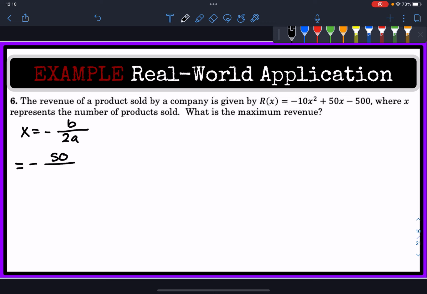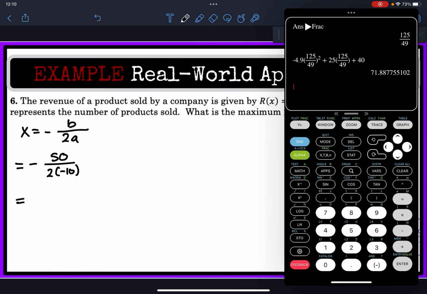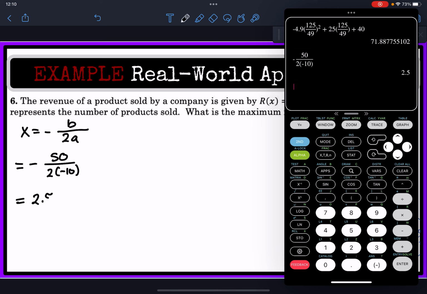The b value is 50, and the a value is negative 10. So let's break down our calculator. The negative sign in the front, I always forget to do that. I should always probably do that first instead of moving over. And then 2 times negative 10, that's 2.5. So our maximum is occurring at 2.5.